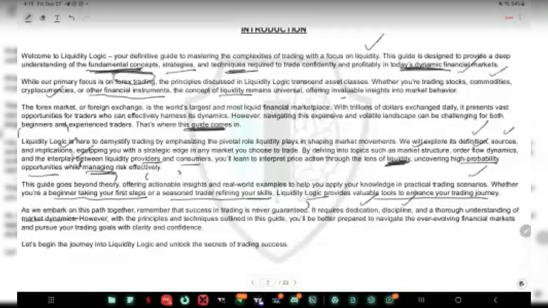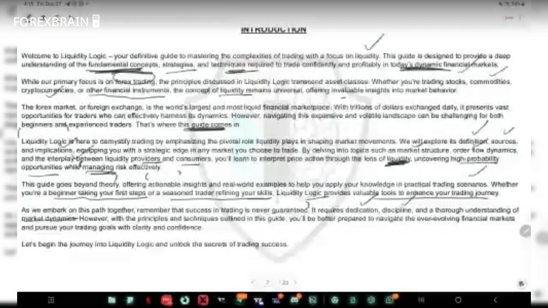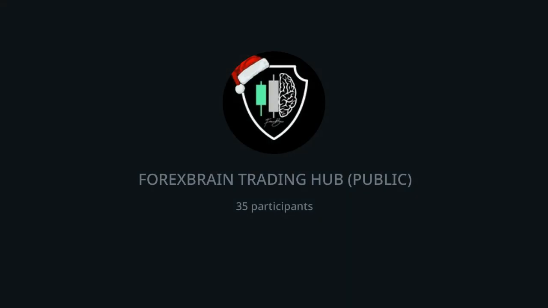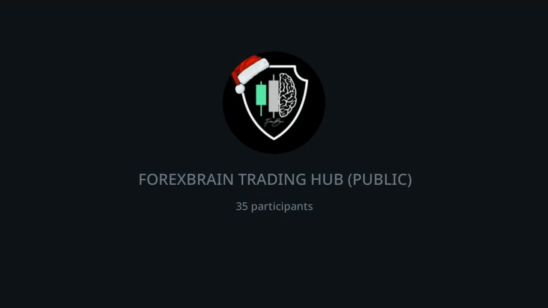You cannot be 100% perfect, but at least you might be right 6 times out of 10. You might even be right 5 times, and due to your risk to reward, you end up being profitable. Do you understand? However, with the principles and techniques outlined in this guide, you will be prepared to navigate the evolving financial markets and pursue your trading goal with clarity and confidence.